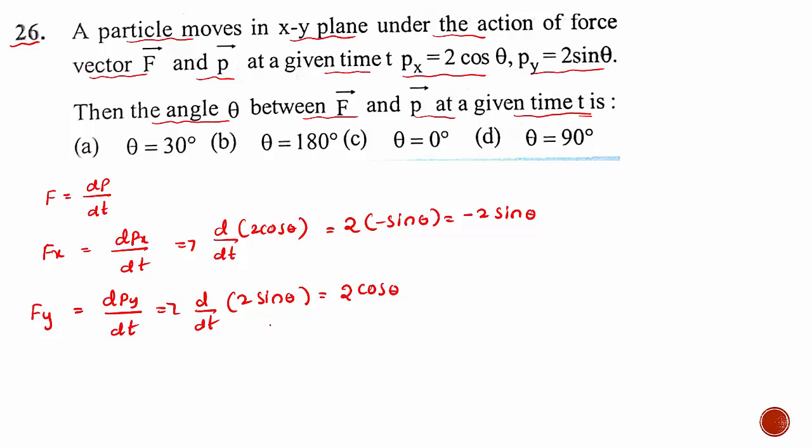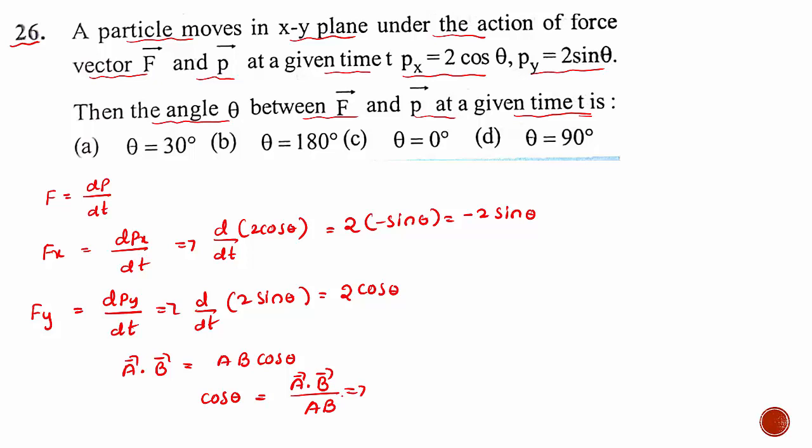Now we can use the dot product here. From the dot product, vector a dot vector b is equal to ab cos theta. Or cos theta is equal to vector a dot vector b divided by ab.